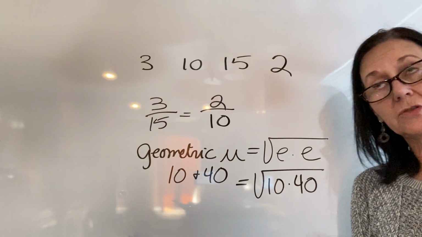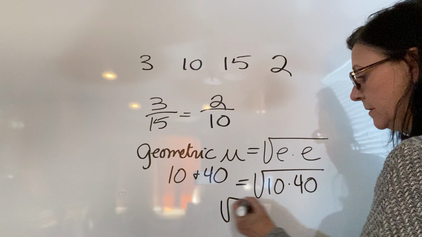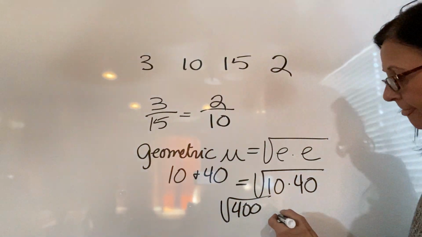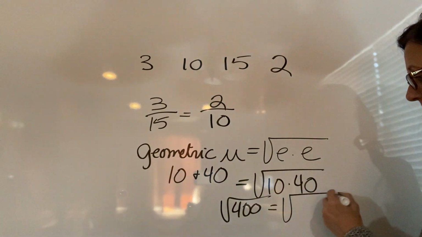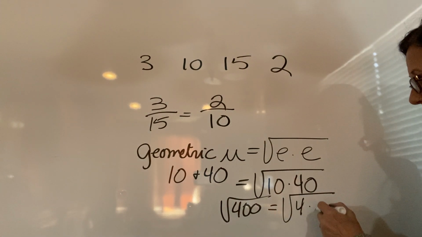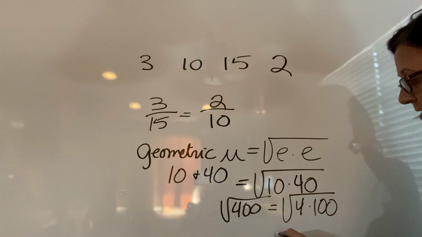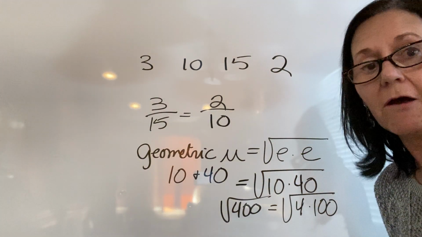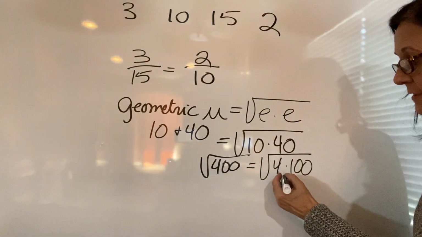Wait, is it 20 times 20? No, that's not it. It will be the square root of 400, which is equal to the square root of 4 times 100. That's the same thing. Okay, so this is some algebra review. All right, you see how I broke this down?